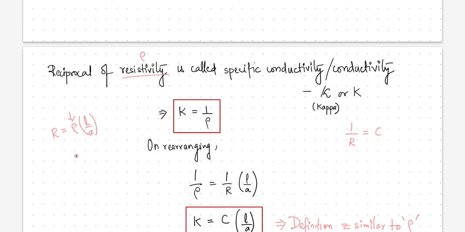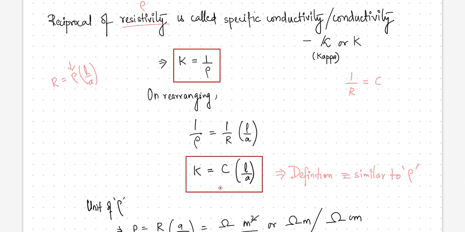Now if we rearrange this equation, we get 1 upon rho equals 1 upon R times L upon A. Here 1 upon rho is your conductivity, which is K, and 1 upon R is conductance, which is capital C. So kappa, or K, conductivity, is equal to conductance multiplied by L upon A.